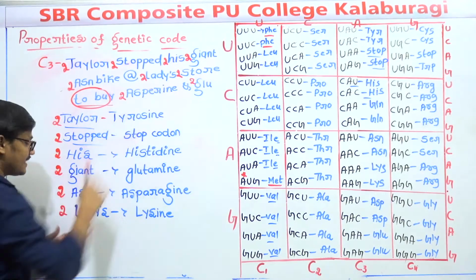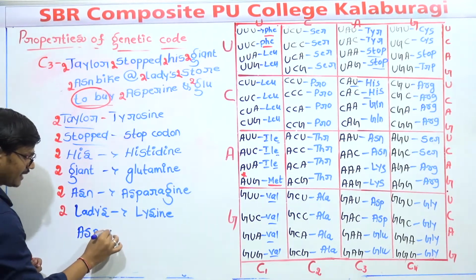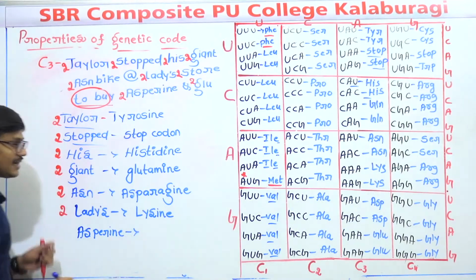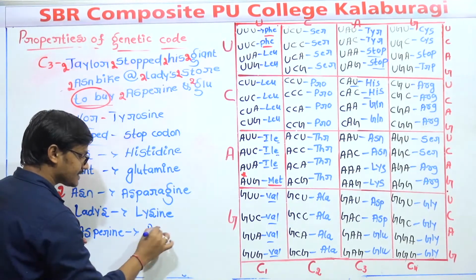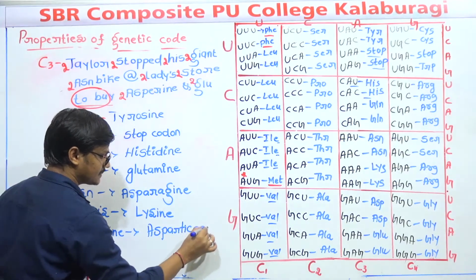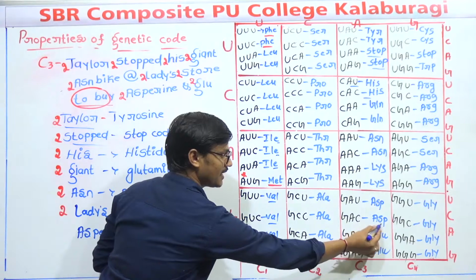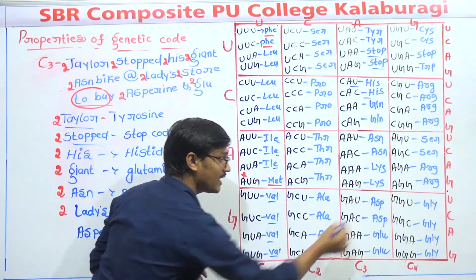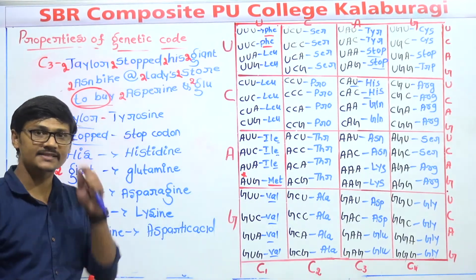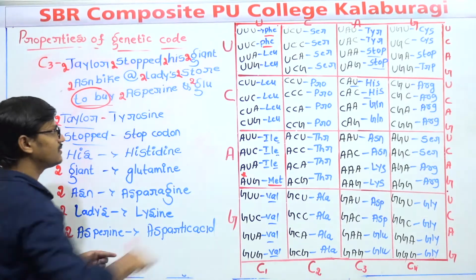Now aspirin tablet. Here aspirin means aspartic acid. See here, ASP means aspartic acid. How many codons are there for aspartic acid? Again, it is 2. Finally, glue.